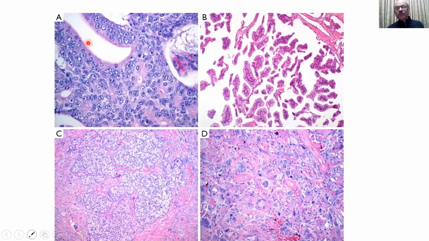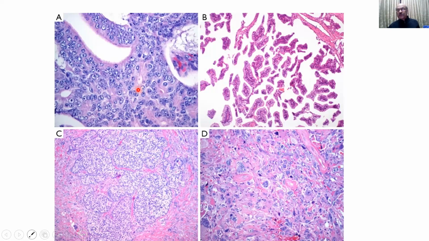Here is the ductal carcinoma. These ductal carcinomas show a cribriform structure, and they are lined by tall columnar cells with pseudo-stratified growth.